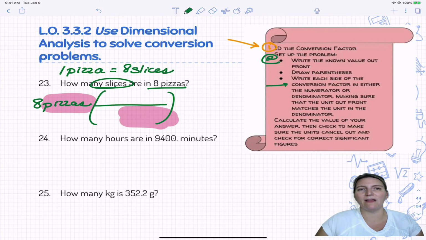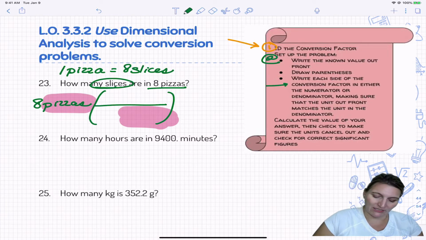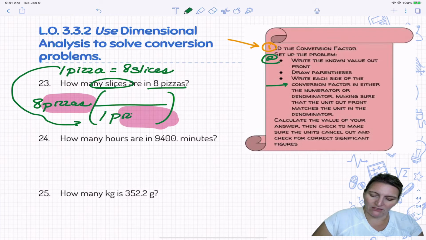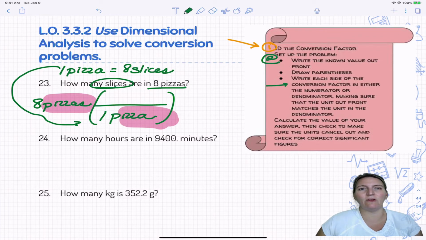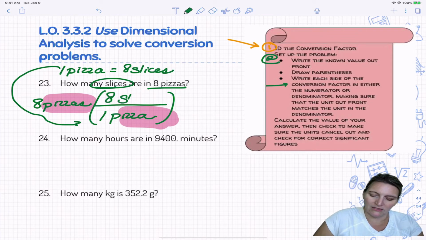And when they cancel out, that means that my answer won't have the word pizzas in it, but it will have the word slices in it. So I take my conversion factor and put it in here. I'm going to put 1 pizza on the bottom, right? Because I need those 2 units to be the same. 8 slices goes on top.